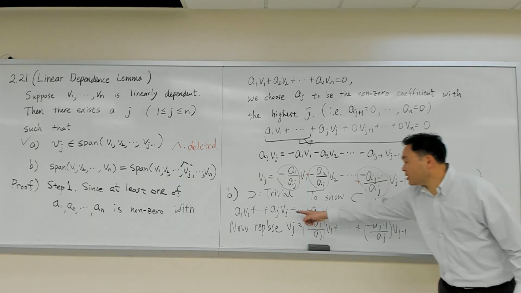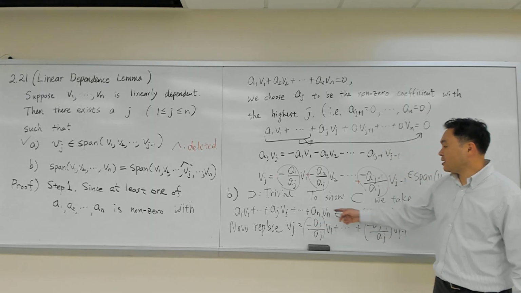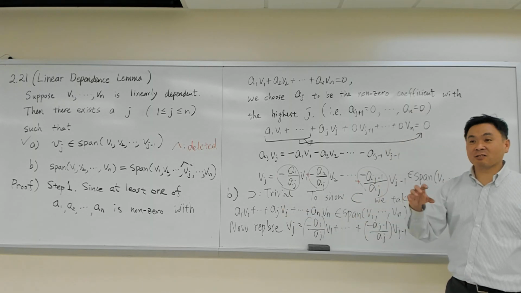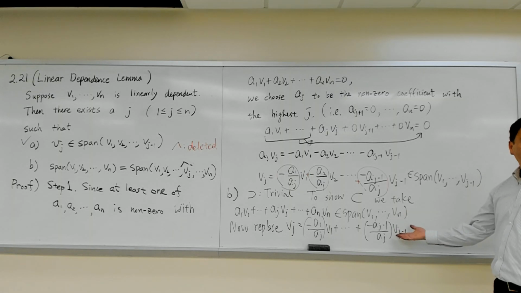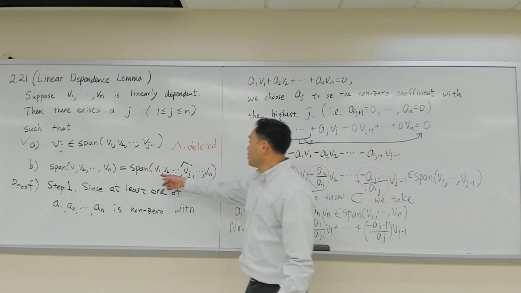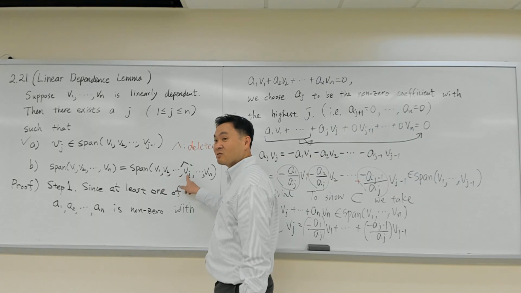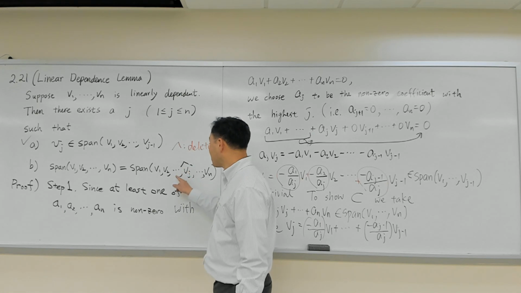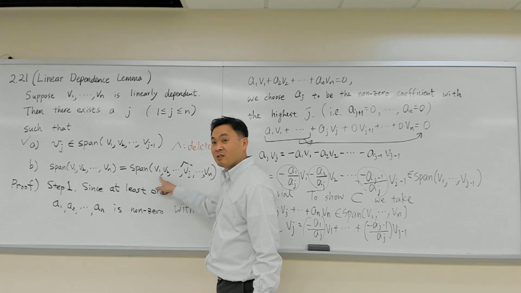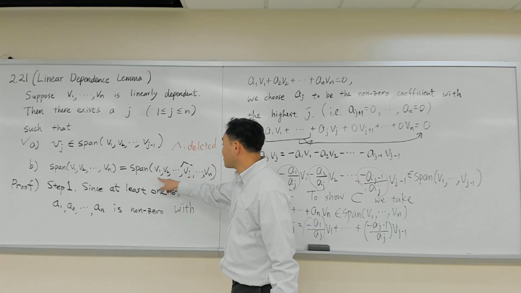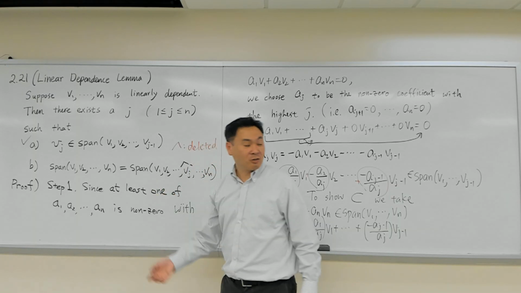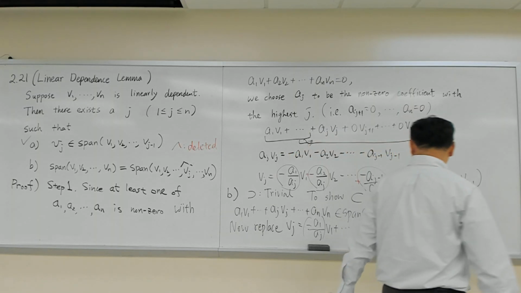If you replace this by this, and then you expand and collect like terms, you end up with another linear combination that has all of these except for this one. This is gone because you represented it as a linear combination of the previous ones.